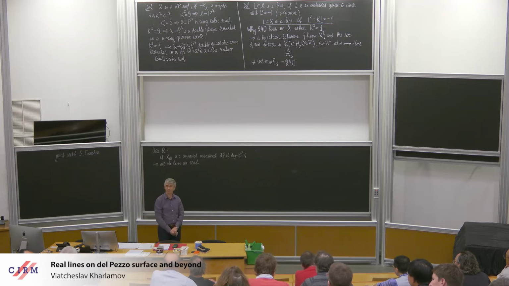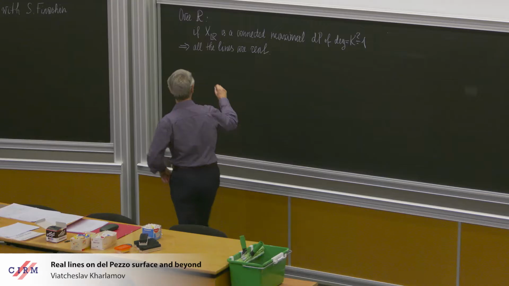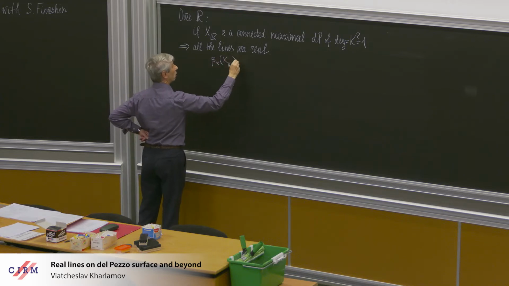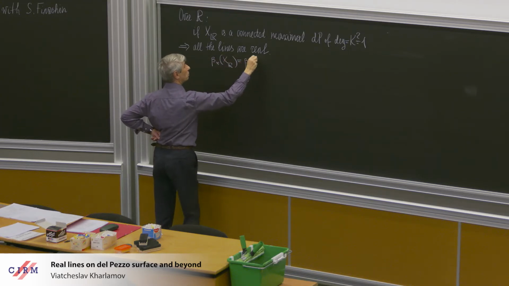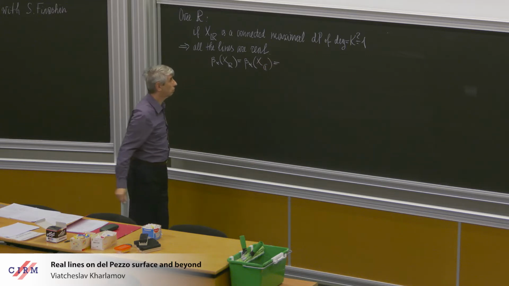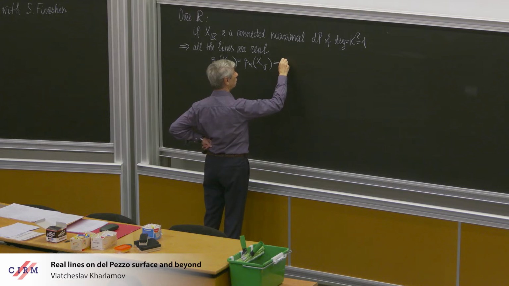As usual, of maximal complexity. What does maximal mean? As usual, it means that the total Betti number of the real part is equal to the total Betti number of the complexification, which in this case, where we blow up 8 points, should be 11 probably.